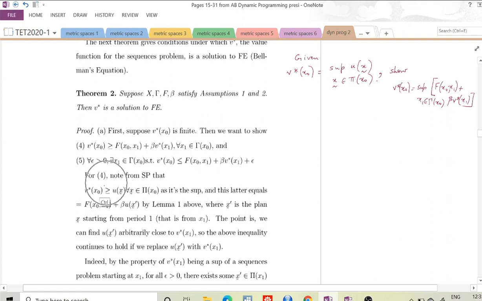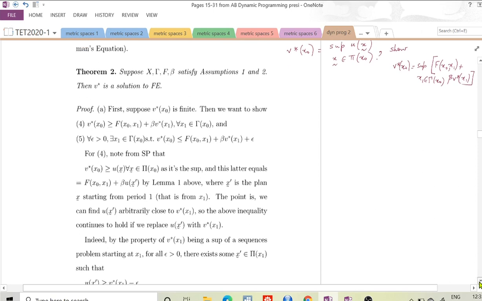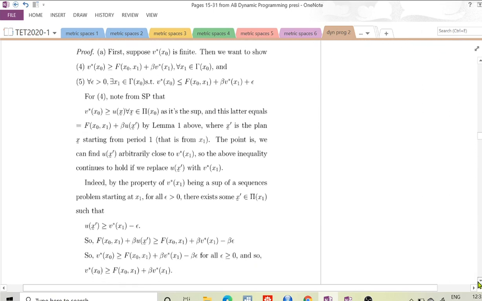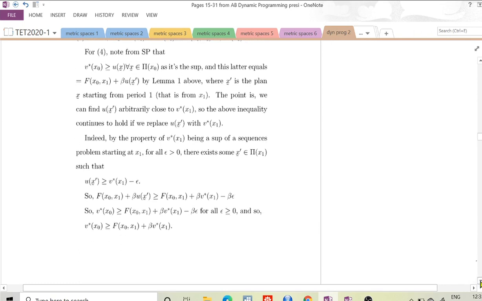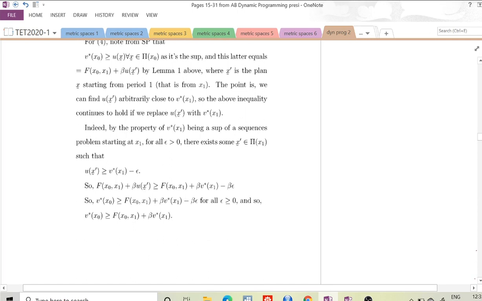Okay, so first we show 4. So what do we use to show 4?